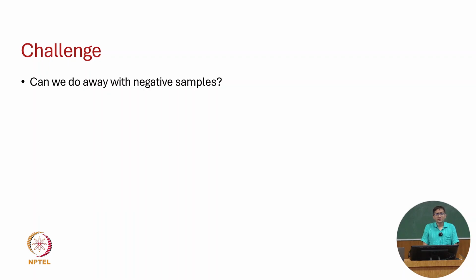This, at first look, may sound slightly strange because of how we defined contrastive learning. The definition itself involved having the x plus and the x minus, right? That is x and its positive paired sample x plus and then a negative sample x minus. Now we are saying, can we do away with the negative samples completely? Is there a possibility to do so?